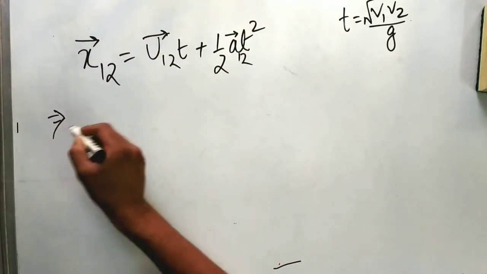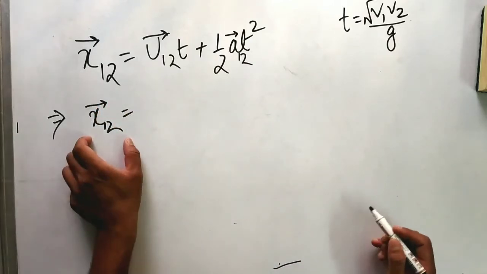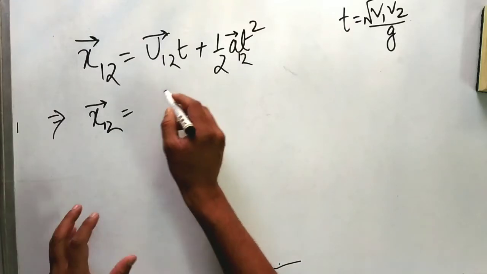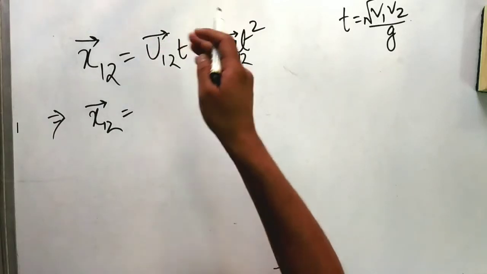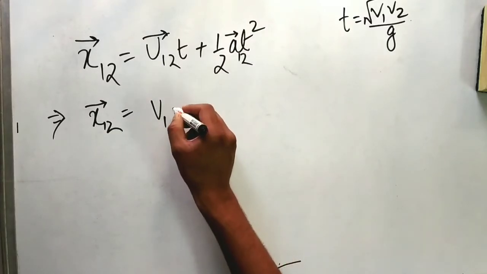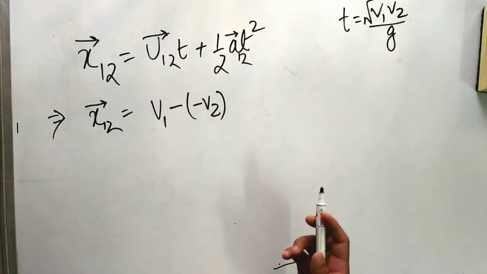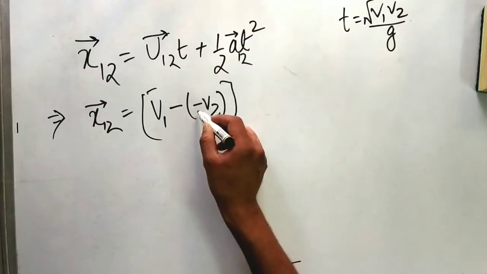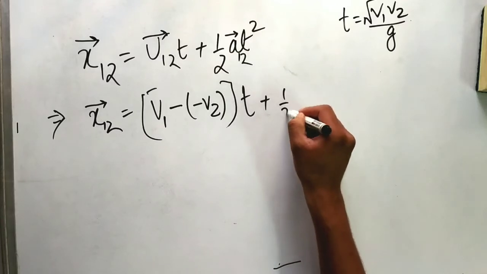So this implies that x12 is the required quantity. u12 is the initial velocity of the first particle with respect to the other one. v1 was the initial velocity of the particle 1 minus v2, which is the velocity of the other particle, but it's in the opposite direction. So we have put a negative sign to find u12 into t plus half a.